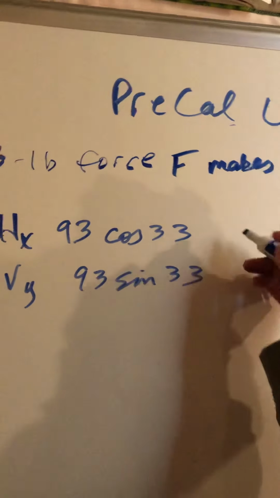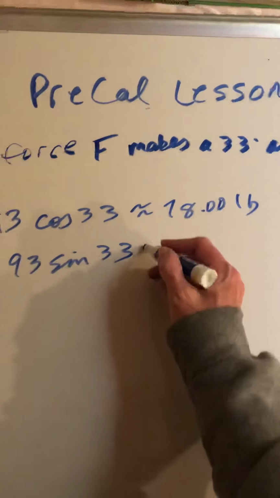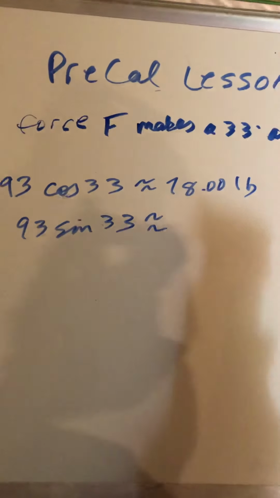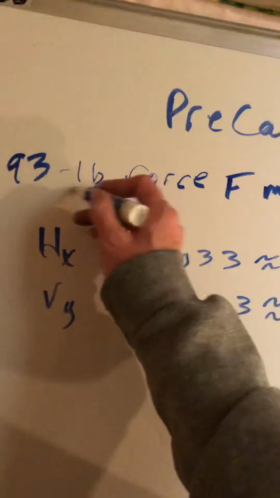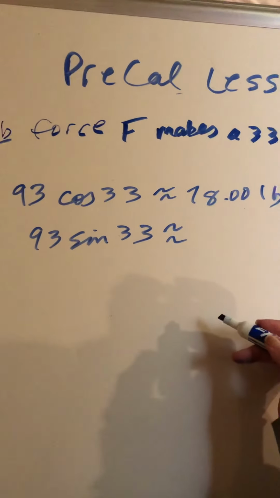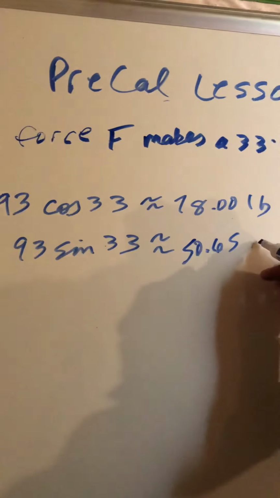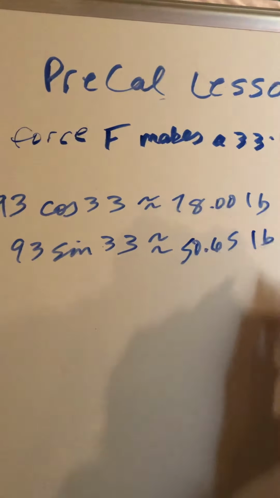The cosine one is about 78.00 pounds. That's what you label it. You're going to be asked what to label it, and since it's a 93-pound force, we label it with pounds. Then 93 sine 33 is 50.65, so your vertical is in pounds again.